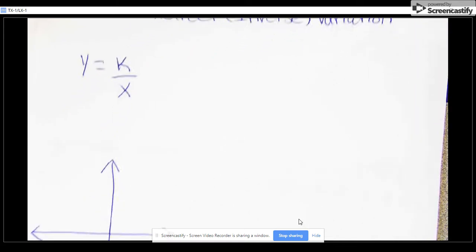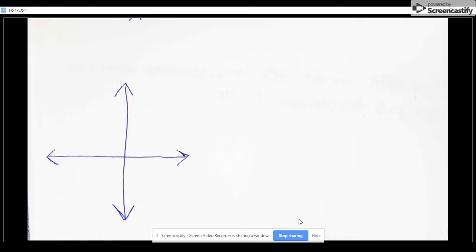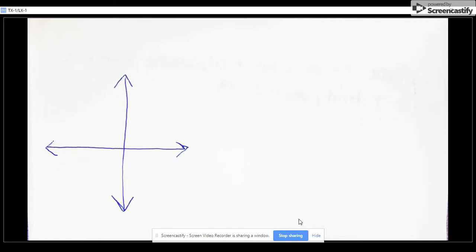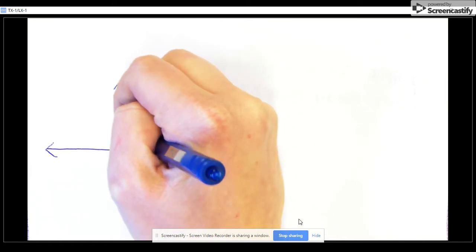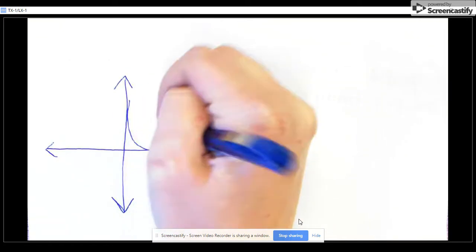However, we have a different relationship with inverse variation. In a graph, the lines are curved. These curved lines are called parabolas, and they are equidistant from the origin. What that looks like is kind of a down and looping type of line.